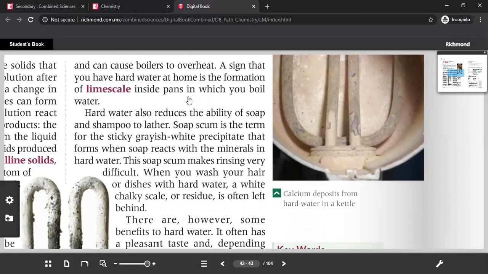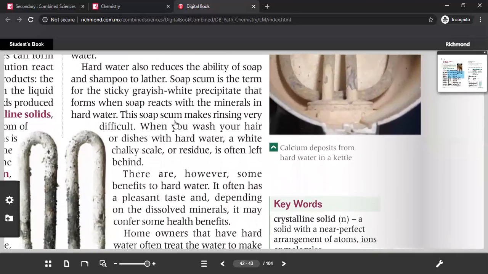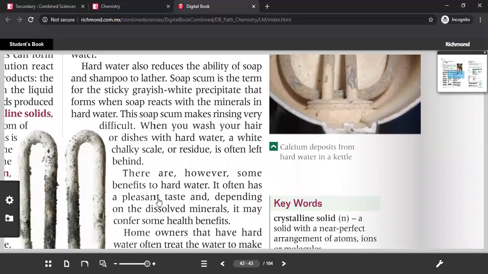That's the problem, right? A sign that you have hard water at home is the formation of limescale inside pans in which you boil water. So check your pans and your pots in your house, and if you see limescale, that's an indication that you have hard water. Hard water also reduces the ability of soap and shampoo to lather.